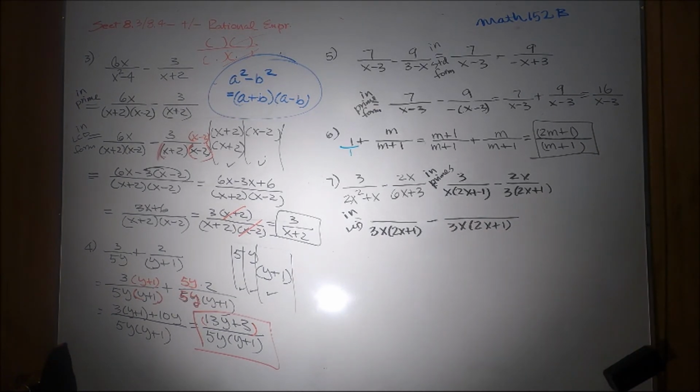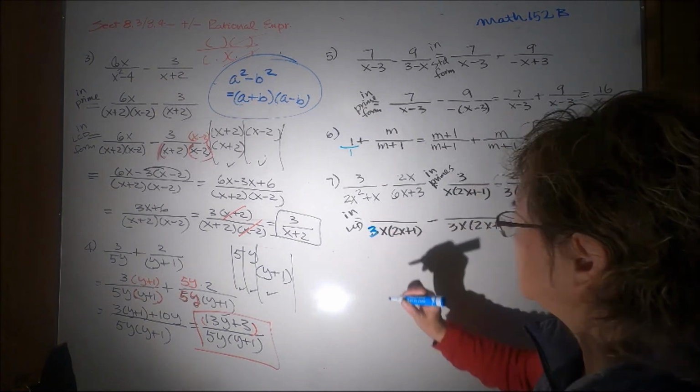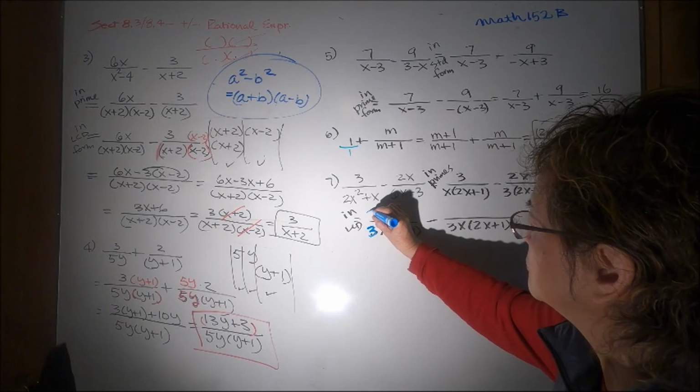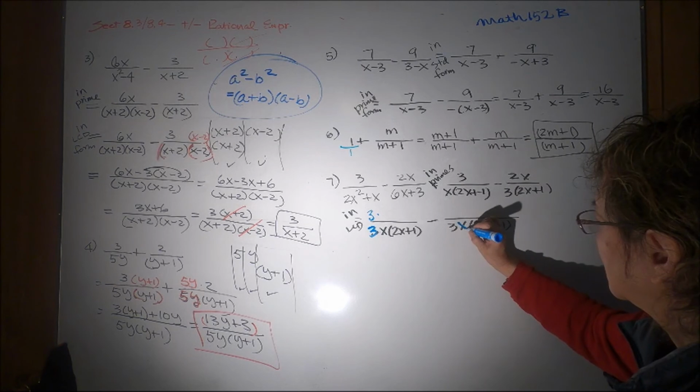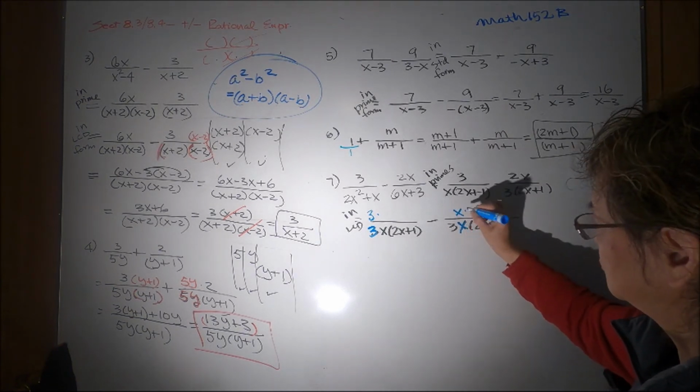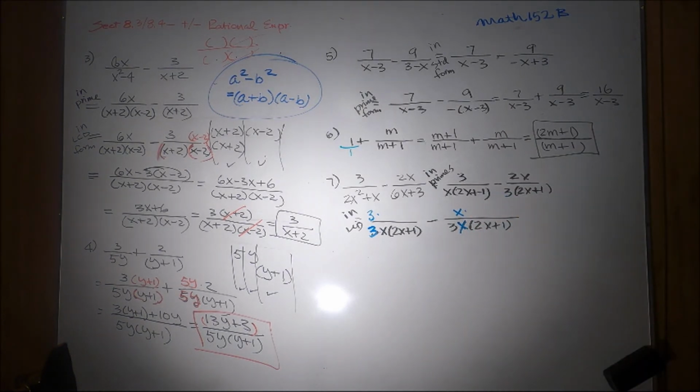Then, for the first fraction, we have what? 3 is the extra one, so you need to do the same thing on the top. And for the second fraction, x is the extra one, you need to do extra, only numerator.